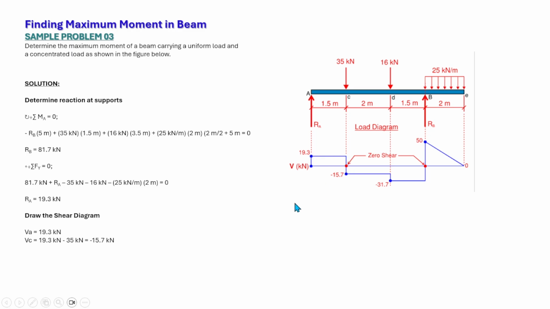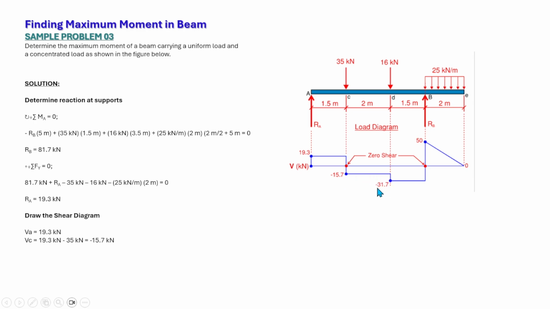At point C, our shear is 19.3, then we have the negative 35 kilonewtons, that's why we have minus 15.7. From point C to D, there is no load, so it is constant. Then just to the right of point D, we need to subtract 16 kilonewtons from 15.7.